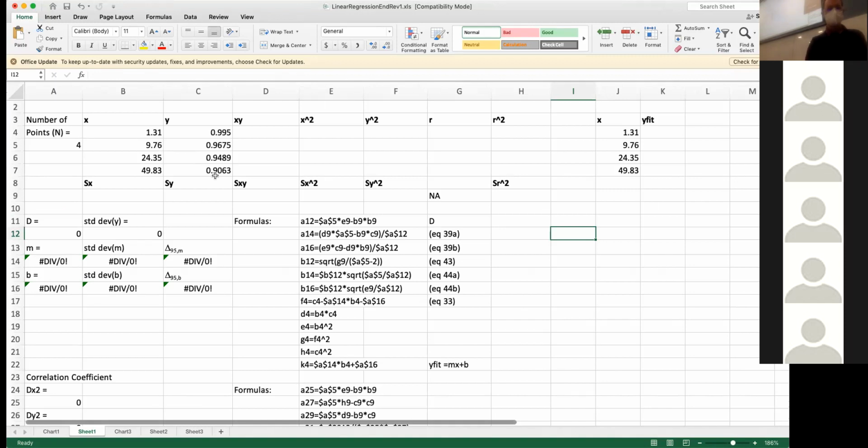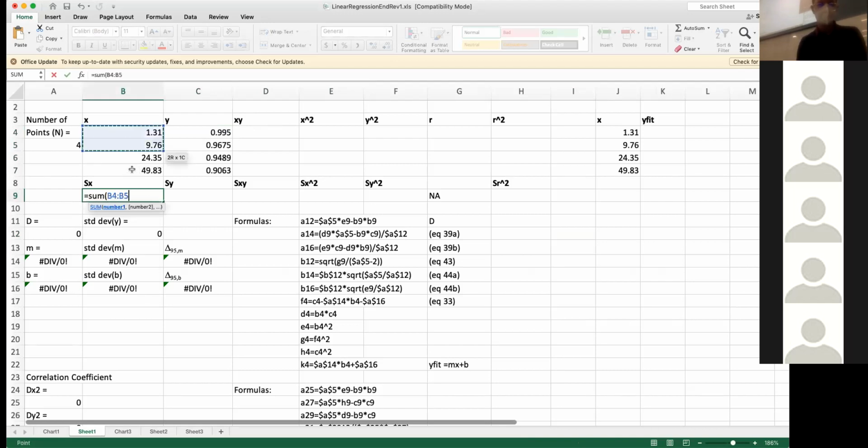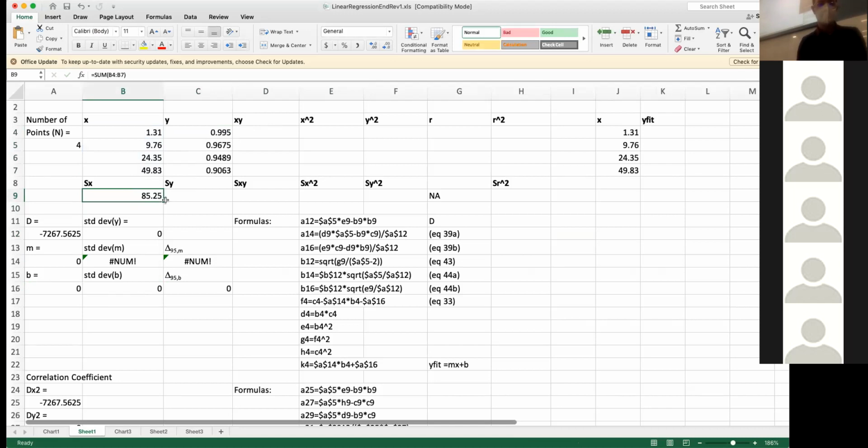Okay, so this is just the x data and the y data that we had before. And first we need to calculate these quantities, Sx, Sy, Sxy, etc. So the sum over all of the x data points is just the sum of this column of data here. Sy, we can just drag it over to get the sum over this column here.